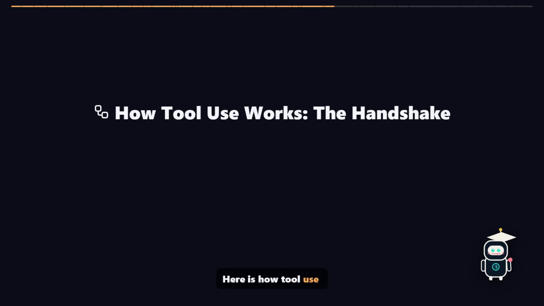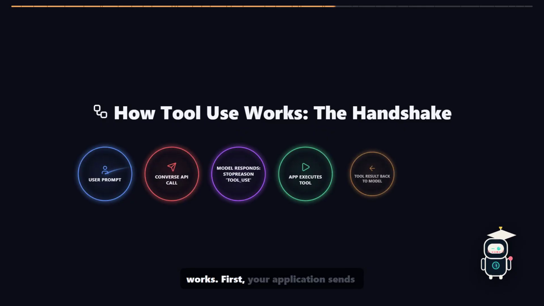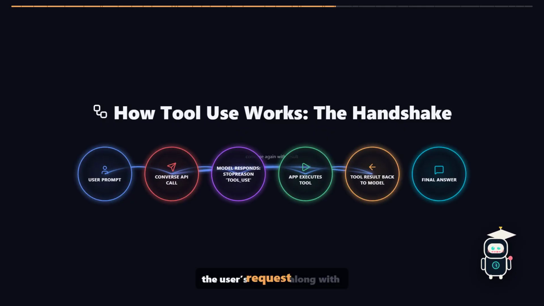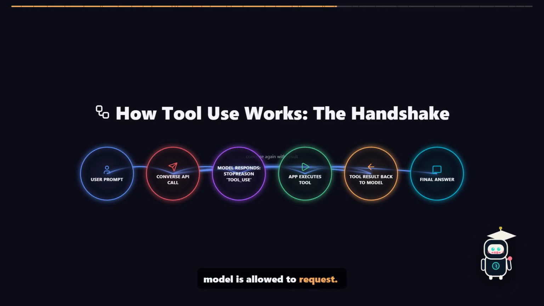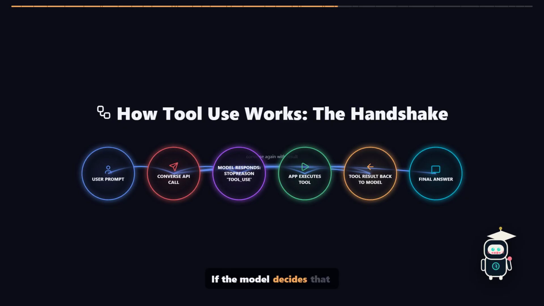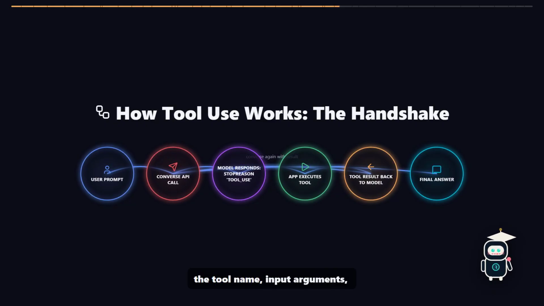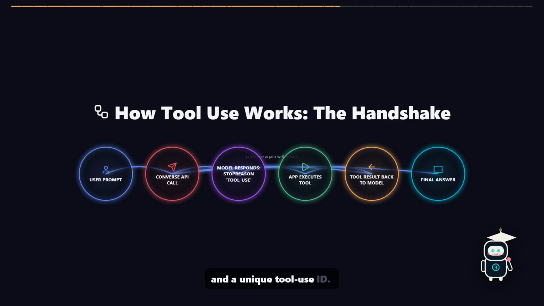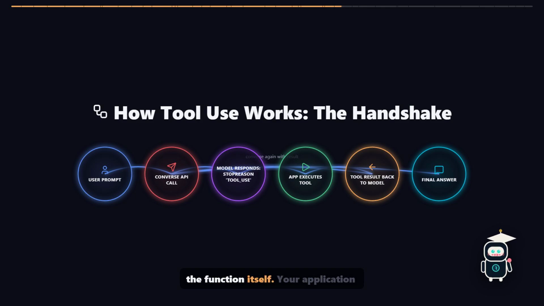Here is how tool use works. First, your application sends the user's request along with definitions of the tools the model is allowed to request. If the model decides that it needs a tool, it returns a tool use request containing the tool name, input arguments, and a unique tool use ID. The model does not execute the function itself.